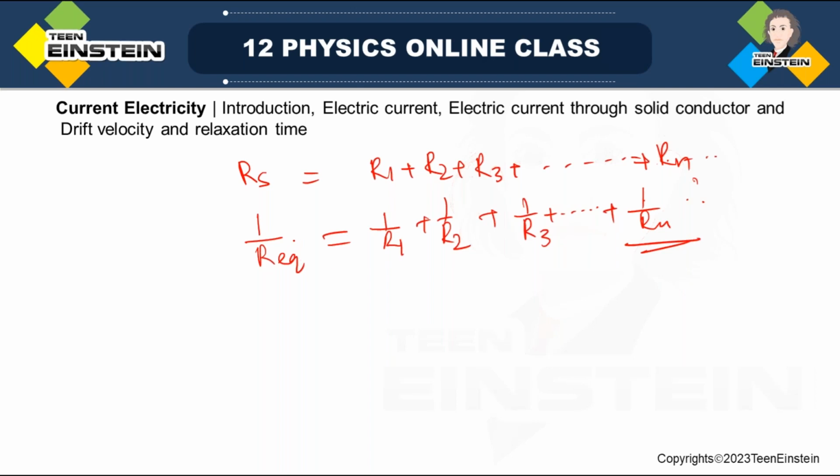So this is the voltage divider series, and this is actually for the current divider.